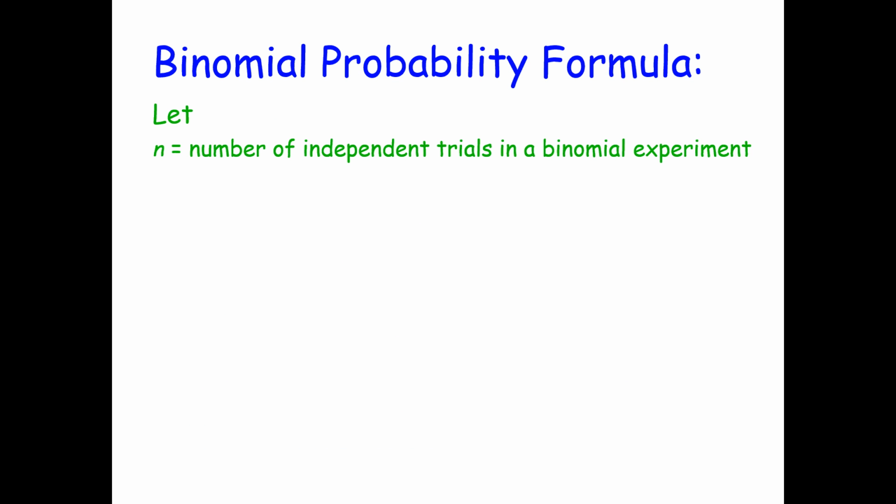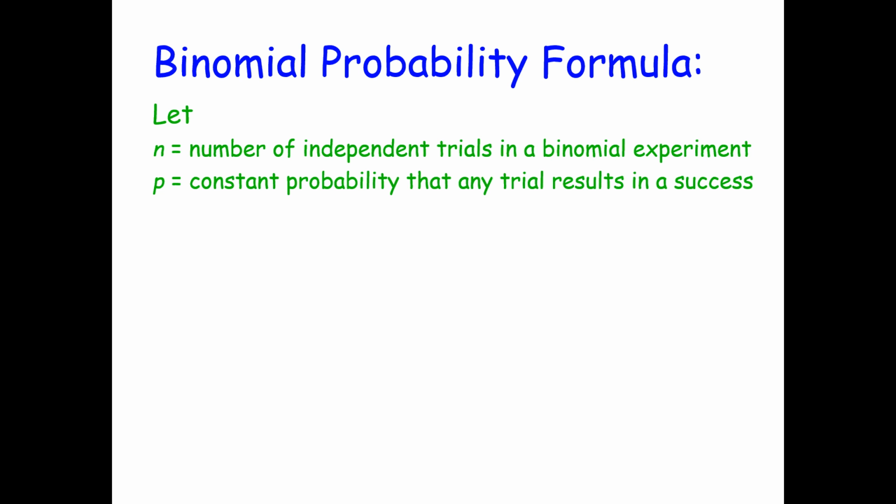Now, the binomial probability formula is where we're going to let n equal the number of independent trials in a binomial experiment. p is going to equal our constant probability that any trial results in a success.